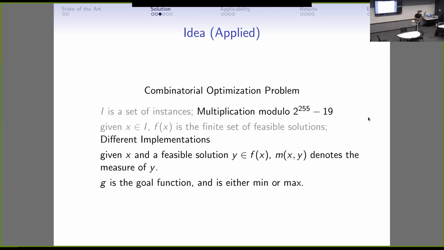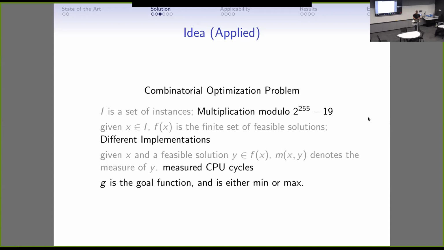The next thing is that we have this set of feasible solutions, and this is all our different implementations. So we have the specification, but then there are different assembly programs that actually implement that specification, with different register allocations, different scheduling, and so on.